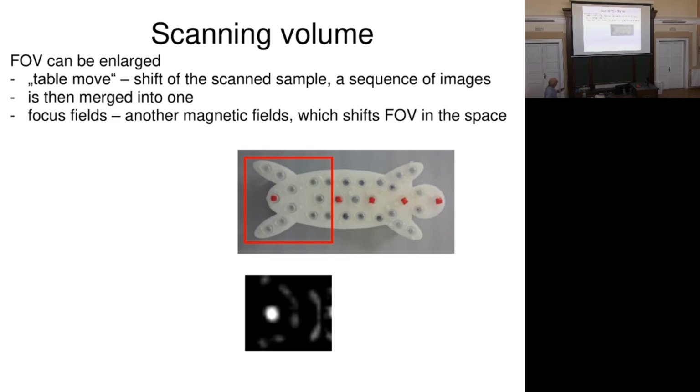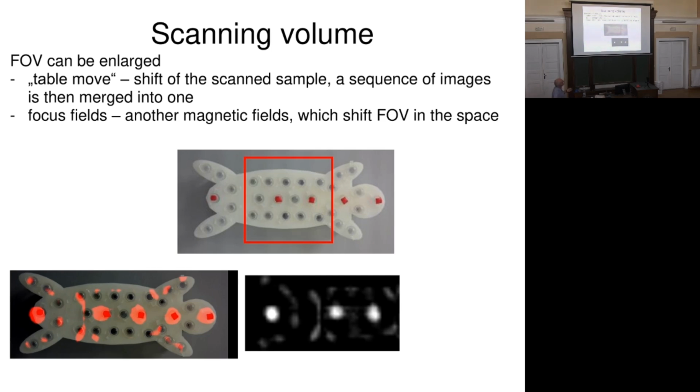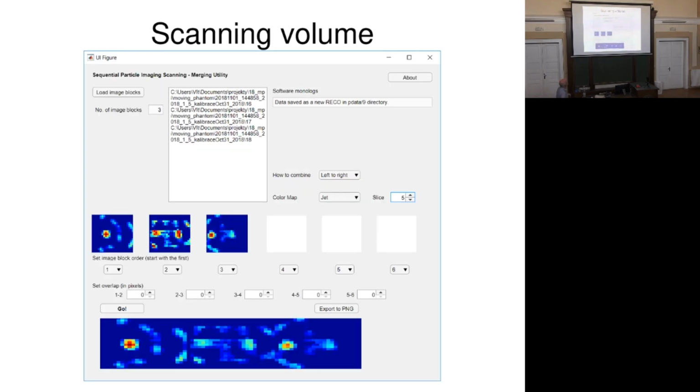However, back to the table move, it's very simple. We scan on this phantom one image, then we move the sample or the mouse, scan it again, and then scan it again, and then we just put it together and we have a nice image. Here it is overlaid with the photograph of the phantom.